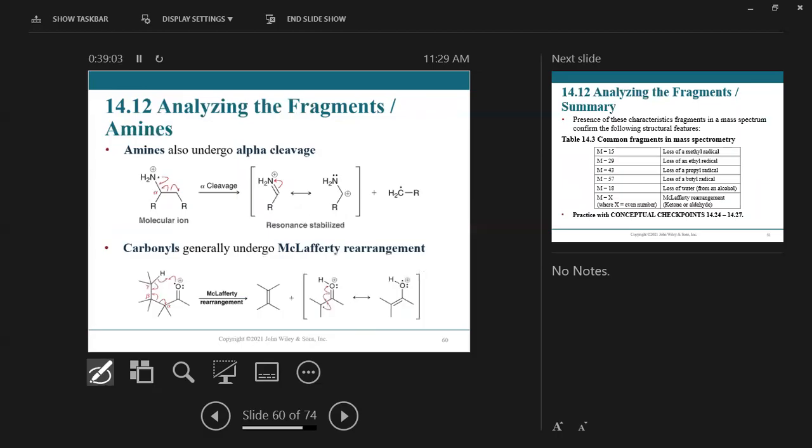Amines also undergo alpha cleavage. Here we see this alpha cleavage right here. And carbonyls generally undergo a McLafferty rearrangement. They're showing you the McLafferty rearrangement here, where this oxygen radical takes this proton, hydrogen, and we have this McLafferty rearrangement.